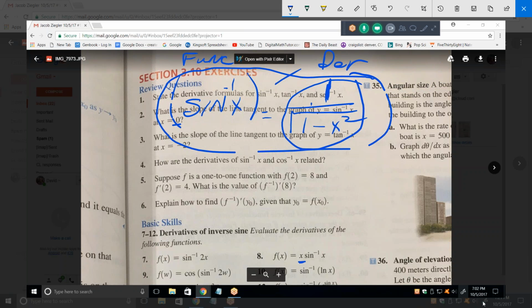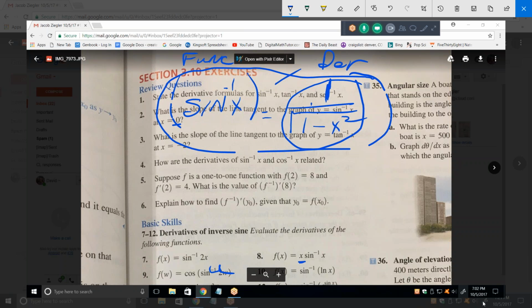So let's talk about the derivative of the outside. The outside is cosine of something. In other words, that's u. So what's the derivative of cosine of u?